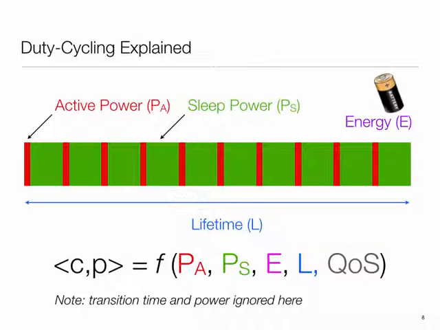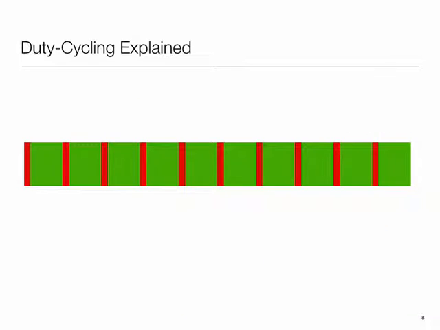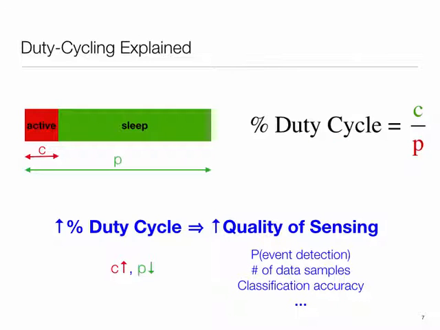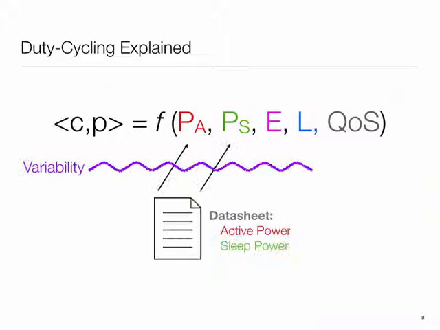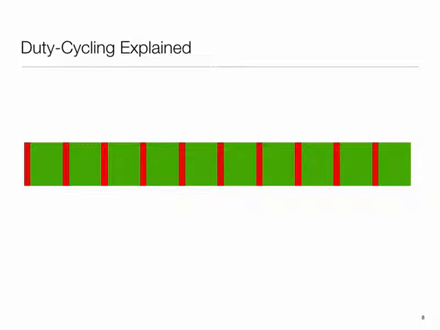That's the tension that you end up with. Now, given a particular duty cycle, I can translate that into some measure of the overall system performance. Just to get the jargon straight, C is the active time and P is the period.